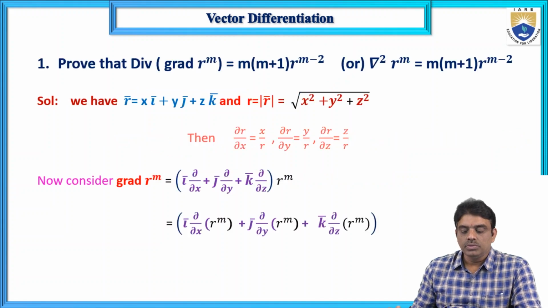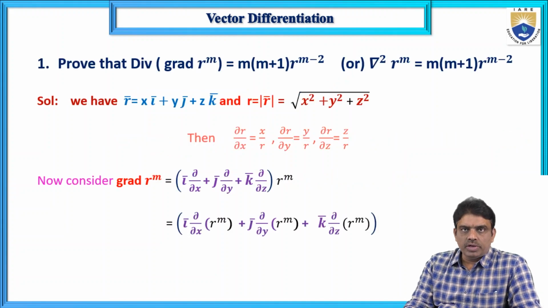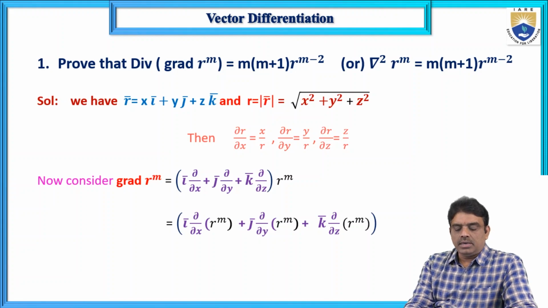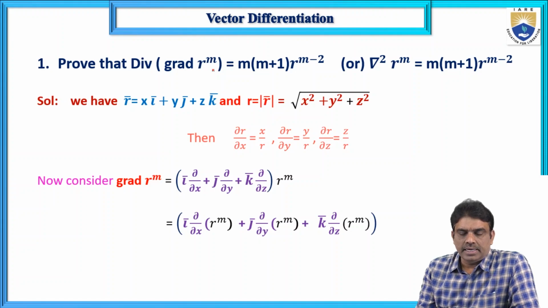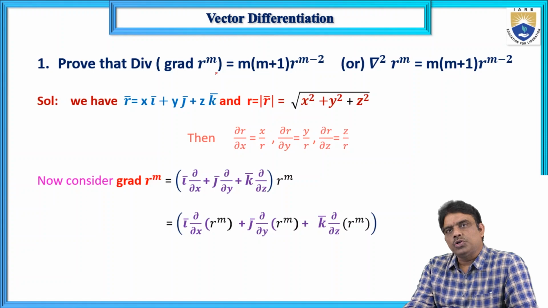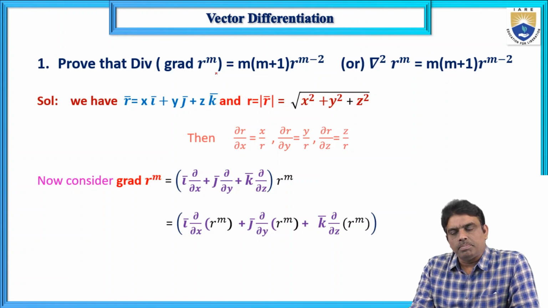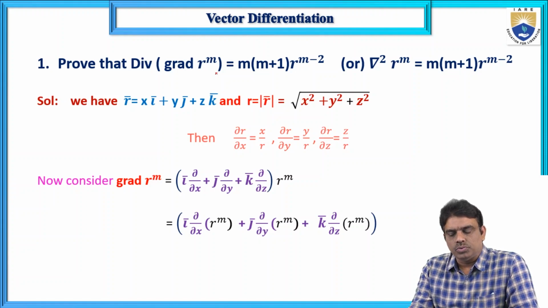Now, I'll do one problem related to this, the divergence of grad r power m. I need to calculate the divergence of grad r power m, and I want to show that the value is m into m plus 1 into r power m minus 2.